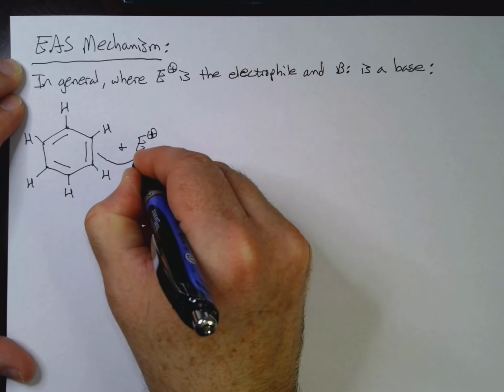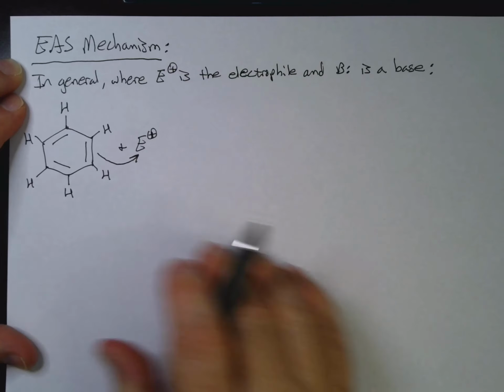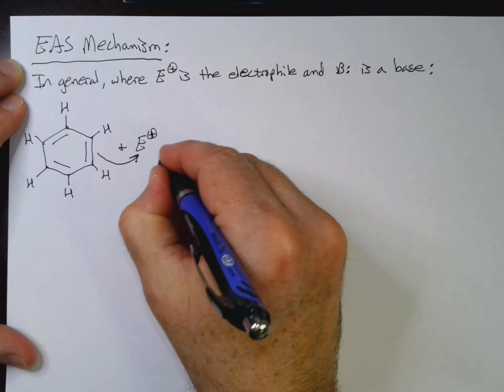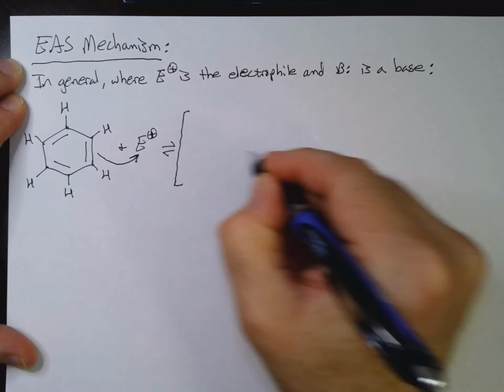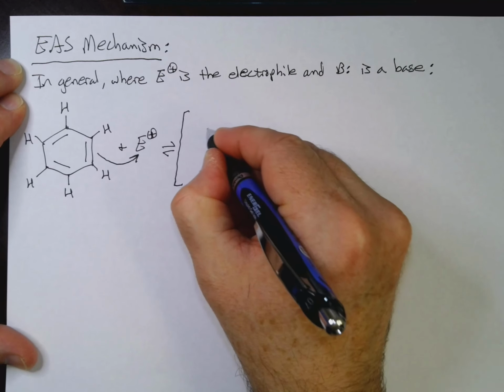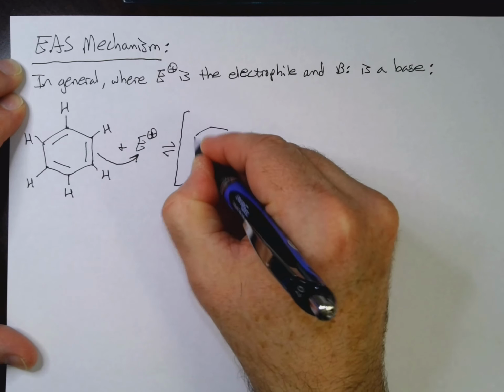We'll get attack on the electrophile by pi electrons there. That's going to give us a bunch of different resonance structures.